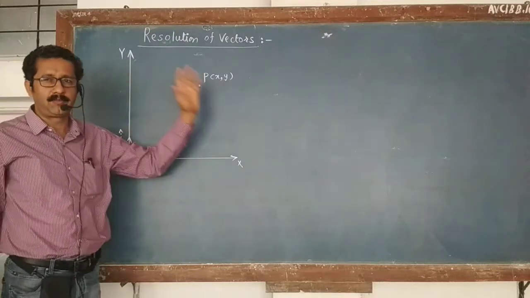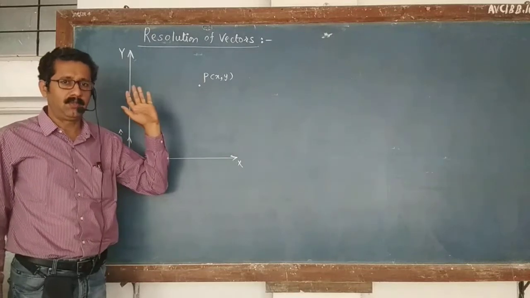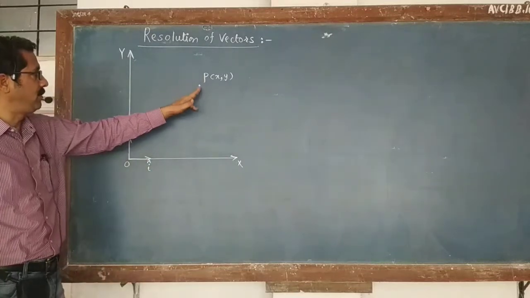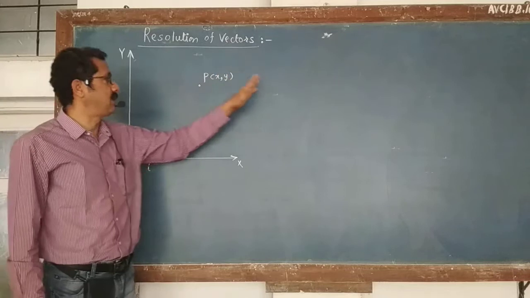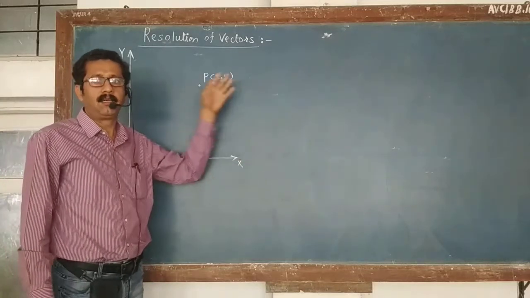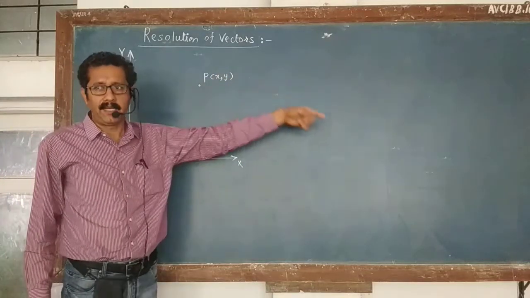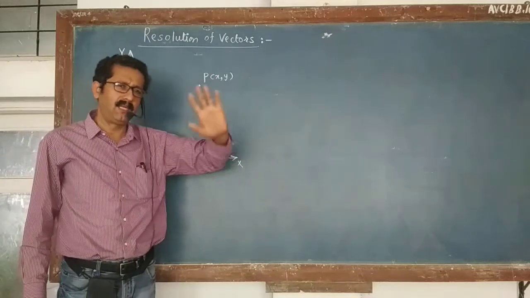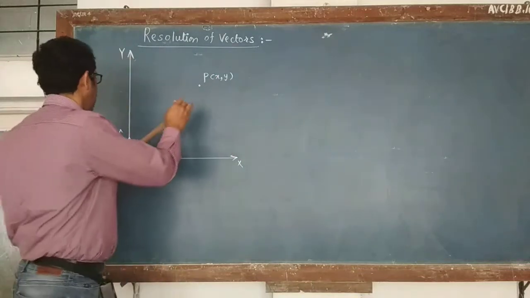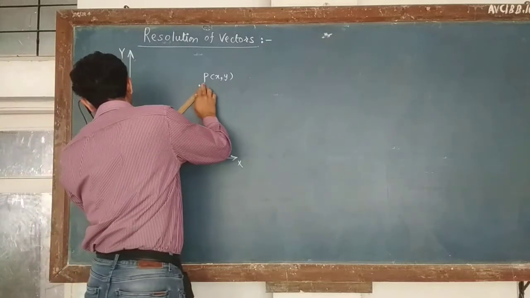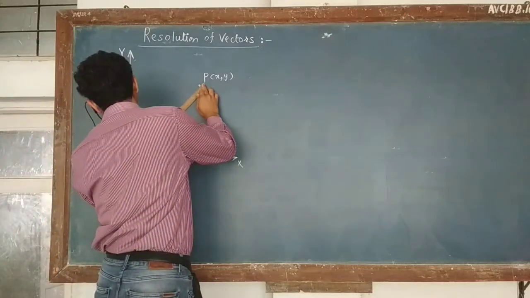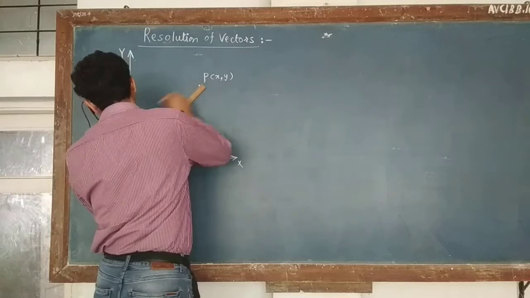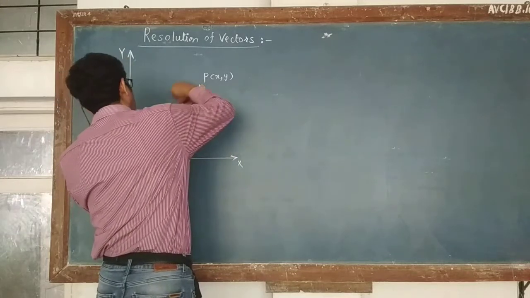What is meant by displacement vector? Even that I will speak about. If I have a point P over here and some other point Q over here, the vector starting from P and ending at Q will be called the displacement vector in that case. But anyway, for the time being I will just talk about this vector OP.